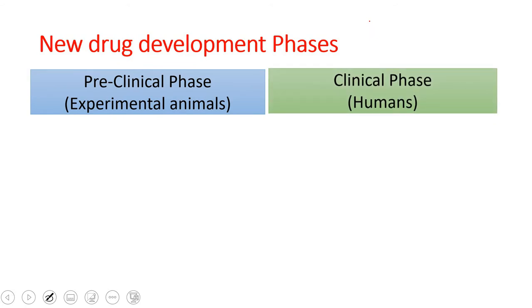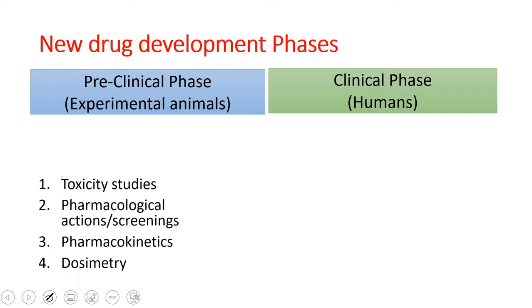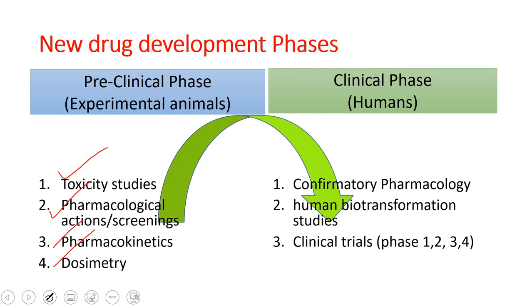Clinical phase is in humans, and the preclinical phase is carried out in experimental animals. We determine the toxicity study and, of course, the pharmacological screening, then pharmacokinetics and dosimetry in the preclinical phase, whereas in the clinical phase, we translate the basic research into clinical practice, which is not the domain of this lecture.